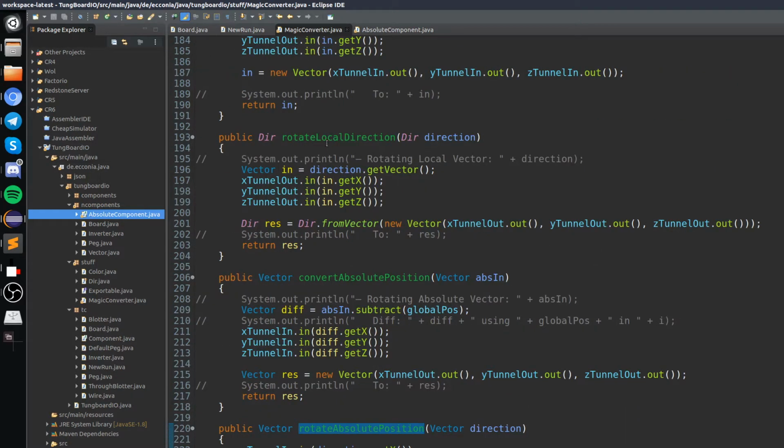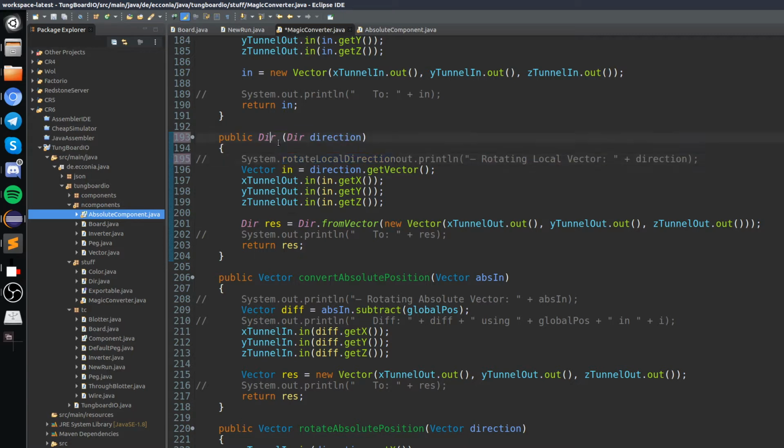This one is special, rotate local direction. You put in a local direction in the output and get it out of the input. Why is this? I had a bunch of bugs where I had like in and out, and I wondered why there is still one of them. Except, I'm not using this method.